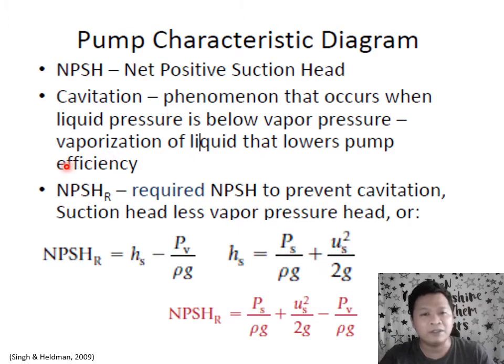There is what we call the net positive suction head. So meron tayong net positive suction head available and net positive suction head required. So simply put, NPSHR is the minimum value that you need to have para hindi mag-occur yung cavitation.